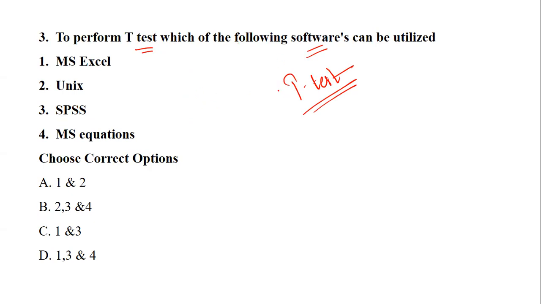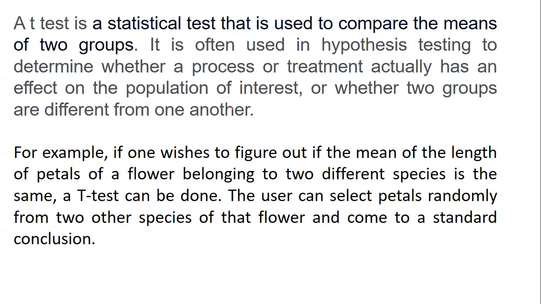Now first, for all those students who do not know what a t-test is, let's understand it well. A t-test is a statistical test that is used to compare the means of two groups. It is used in hypothesis testing to determine whether a process or a treatment actually has an effect on the population of interest, or whether two groups are different from each other.